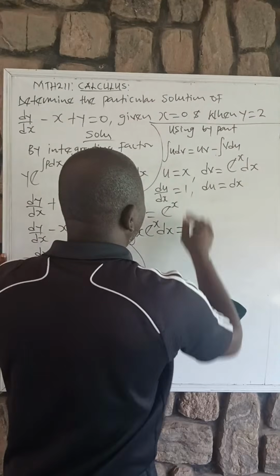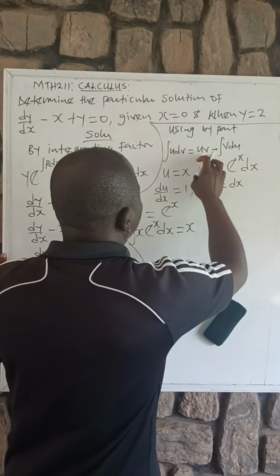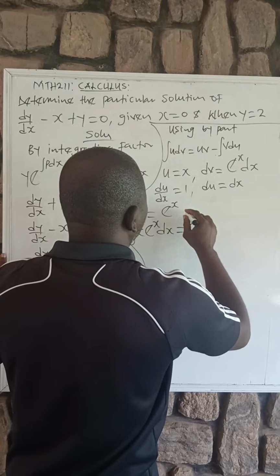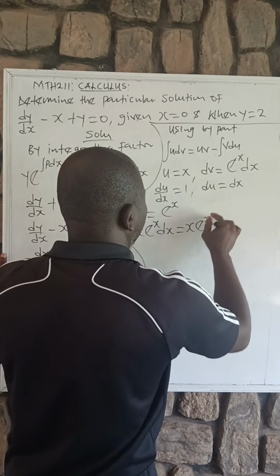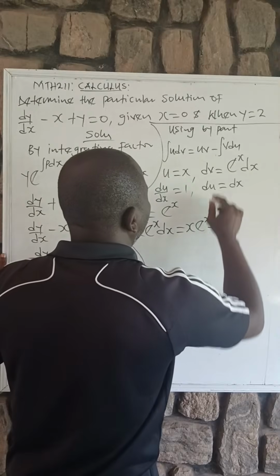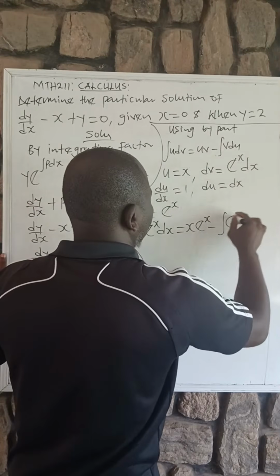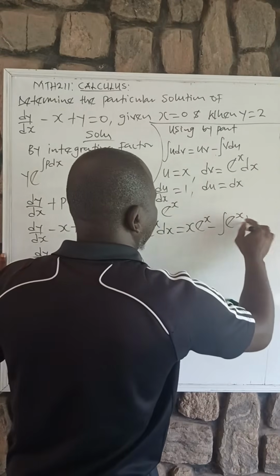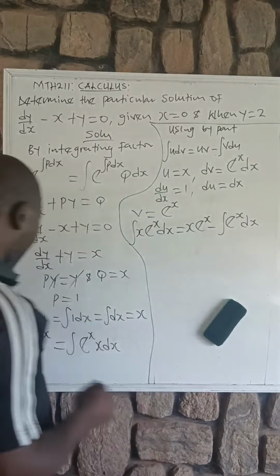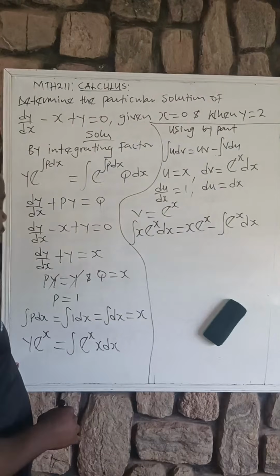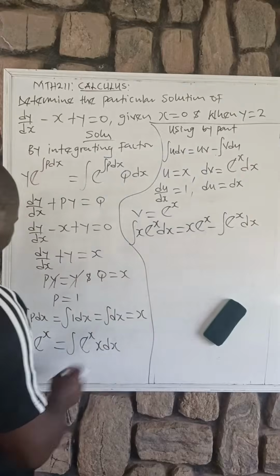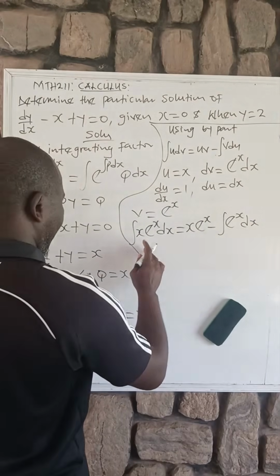Our ordinary u is x, then our ordinary v is exponential x, minus integral of ordinary v, exponential x, then du is dx. True or false? So this implies that this gives us this.